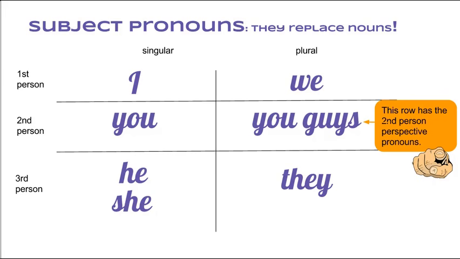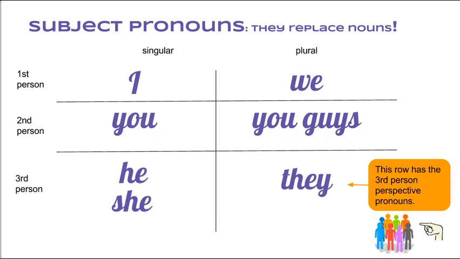Think about pointing directly at the person or group of people you are speaking to when you speak in second person. The third row is for the third person perspective, the subjects he, she, and they. Think about pointing at another person or group of people you are speaking about, but not necessarily looking at when you speak in third person.